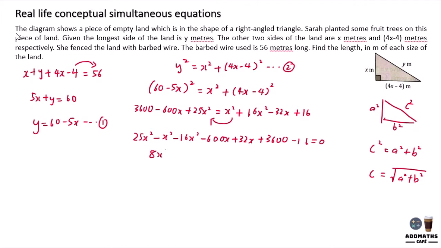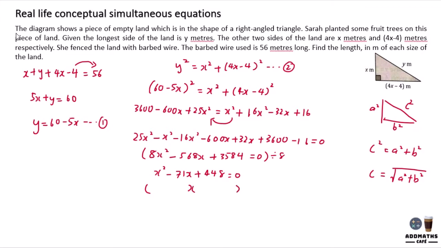So you will have 8x squared minus 568x plus 3584 equal to 0. In this case, I can simplify the whole equation by dividing by 8. This will give me x squared minus 71x plus 448 equal to 0.